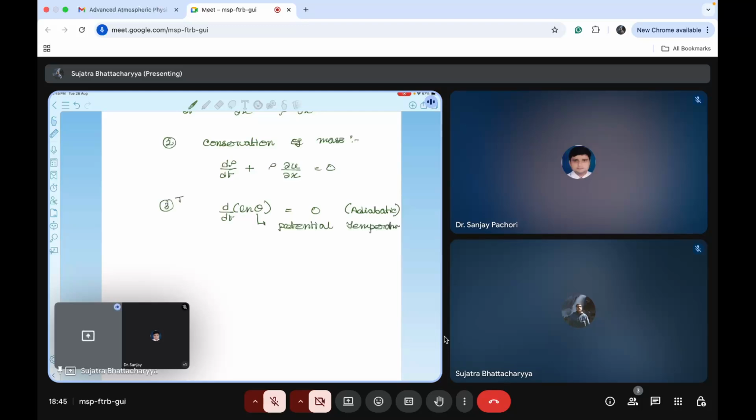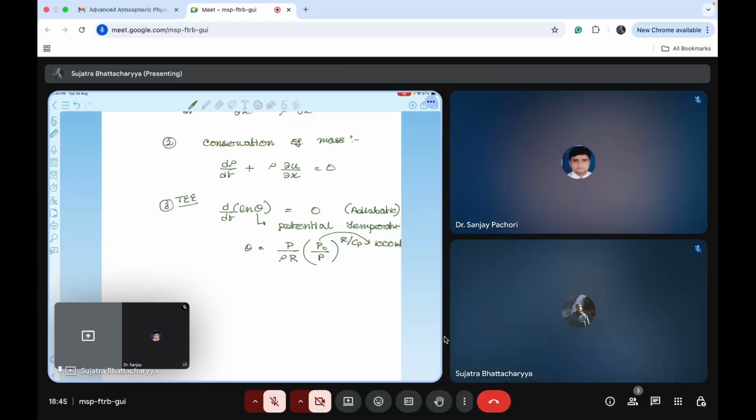This is coming from the energy conservation, the thermodynamic energy equation. Okay. And what is theta actually? (P0/P)^(R/Cp) times P upon density and gas constant. But P0 is the reference, which is generally 1000 mb, constant.